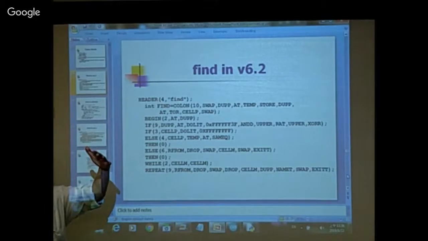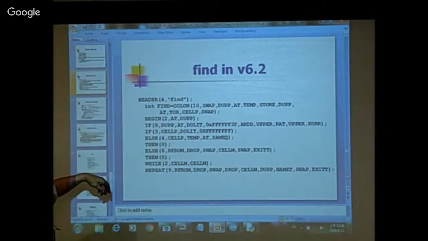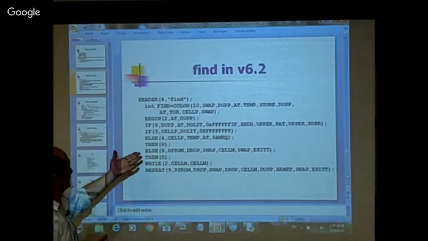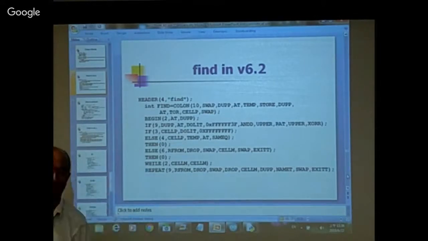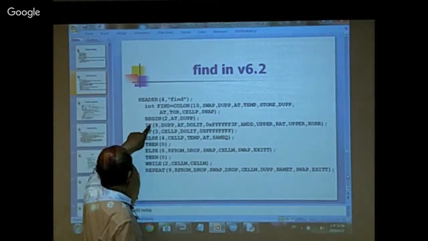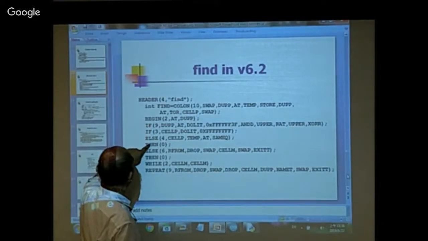So this if, else, then is nested in this if, else, then. They all work properly, and it's just the Forth code, but I have to write it according to the syntax required by the macro assembler.